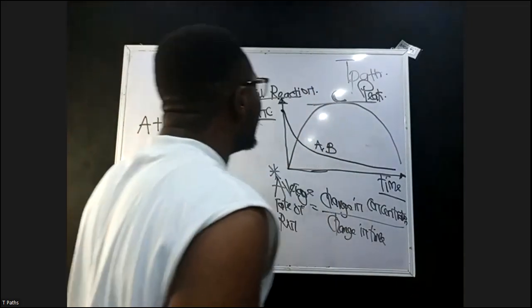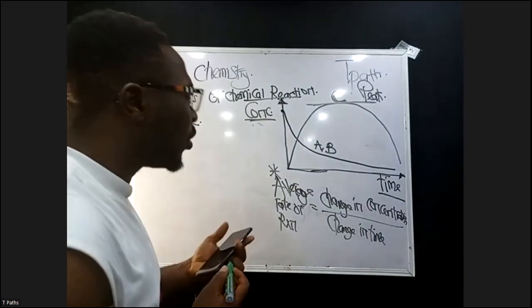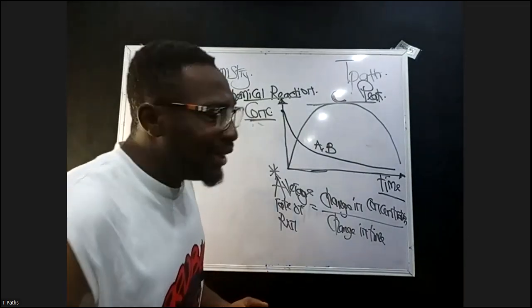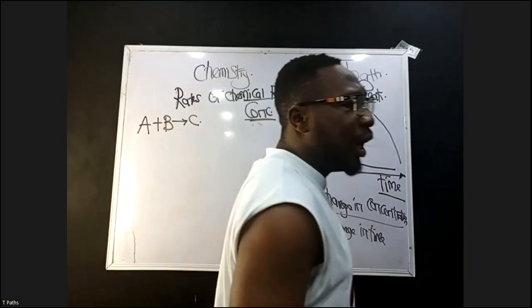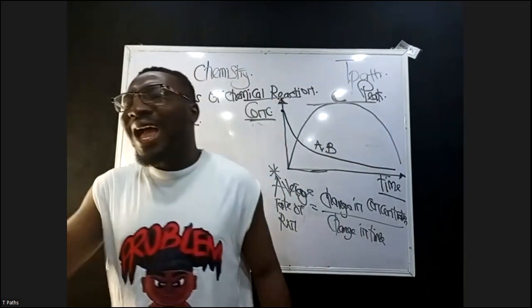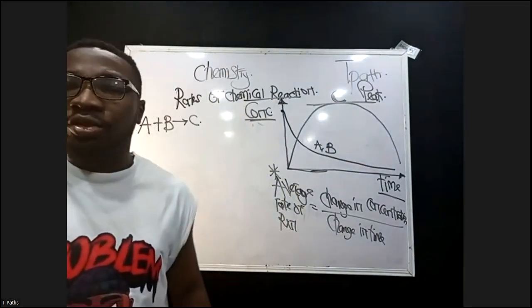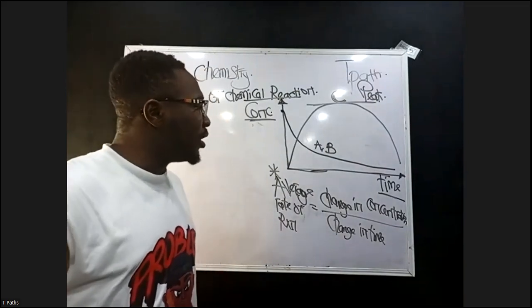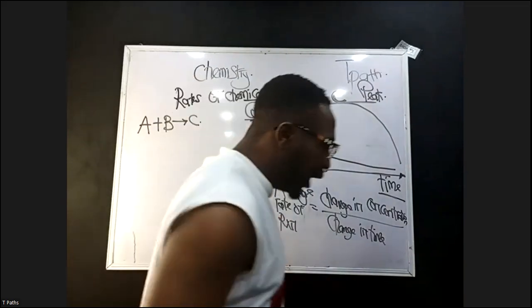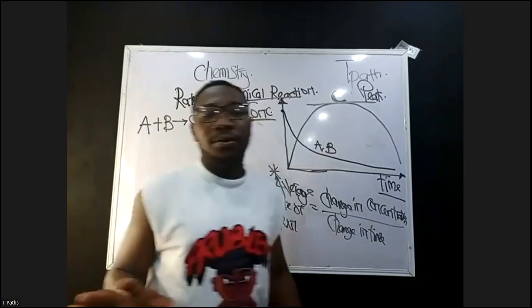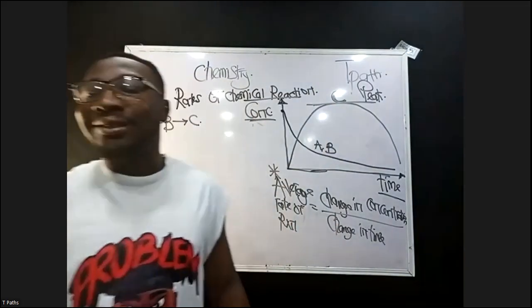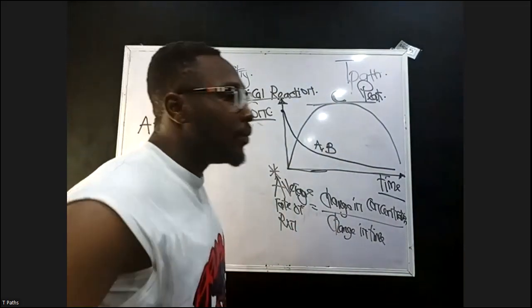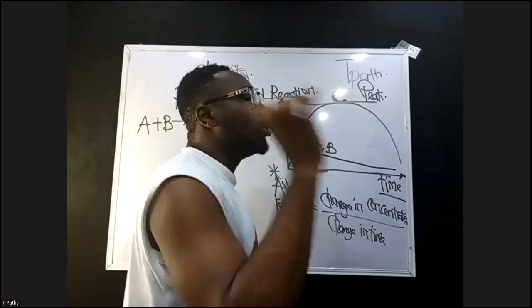And that one again is what I call the instantaneous rate of reaction. Instantaneous rate of reaction is the rate of reaction at any given instant of time. Any time. The rate at that time is called the instantaneous rate.